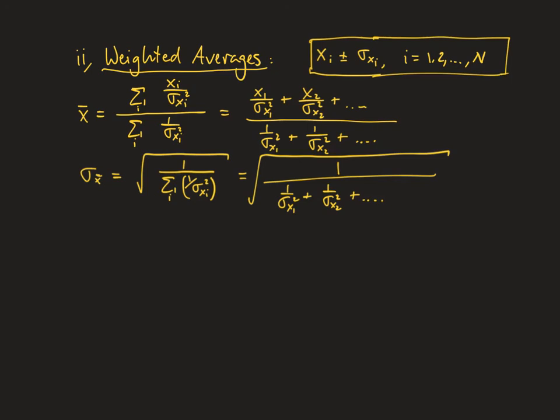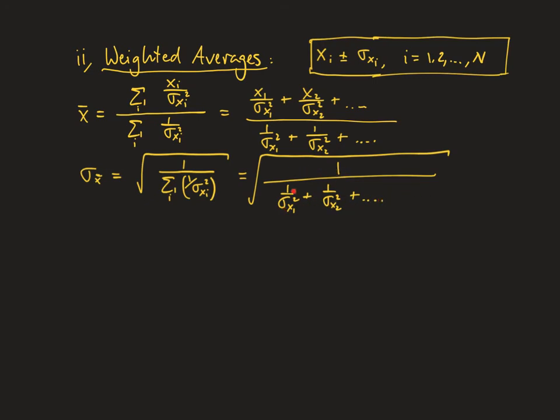All right, a couple of things here. Okay, let's take a look at one limit here again. Let's look at the limit where sigma x1 is much smaller than the other ones. What are we going to have then? Well, in that limit, this number is going to be 1 over a small number squared, and we can neglect these ones by comparison.